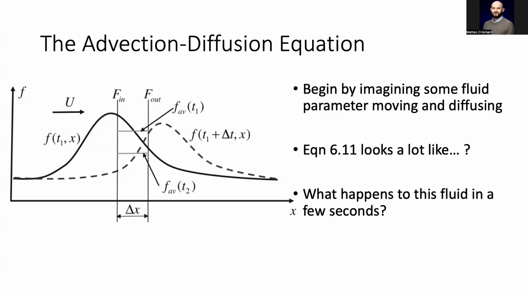This is f at some later time, t plus delta t. So we start with some function f, doesn't matter what it is. We're just thinking about how it diffuses and advects. Okay. And so we start with this parameter f, which is this curve.